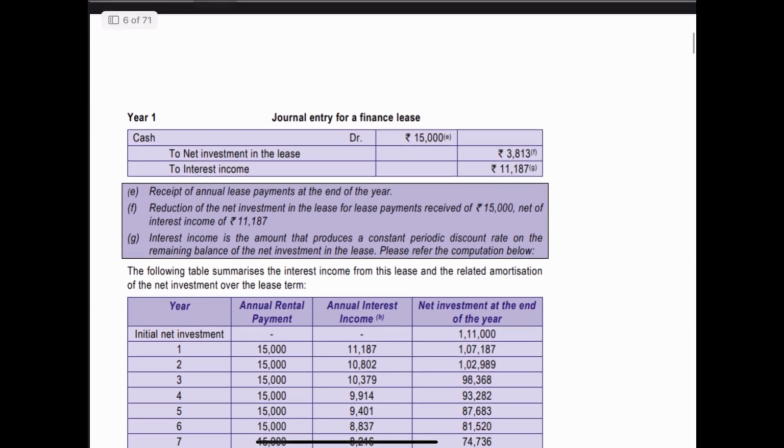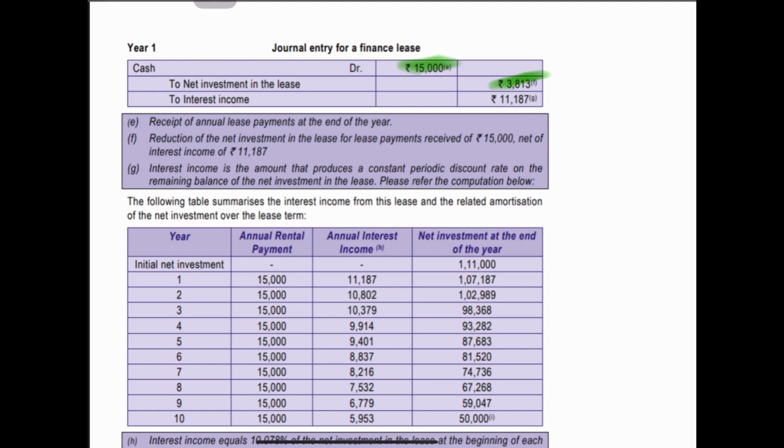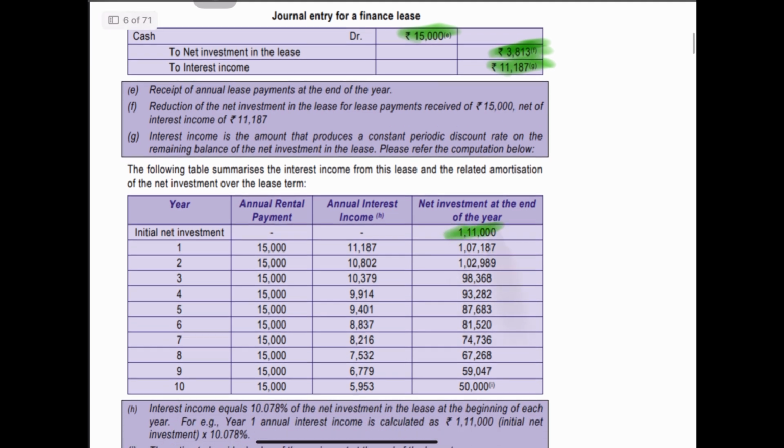Then at every year end, in the first year you are getting 15,000 rupees as cash, so you debit 15,000 as cash, and credit interest income 11,187, and the net investment in lease is reduced by 3,813. I'll tell you how this 3,813 is worked out. If you go through this table, you have the present value of 1,11,000 rupees, and every year 15,000 is getting paid.